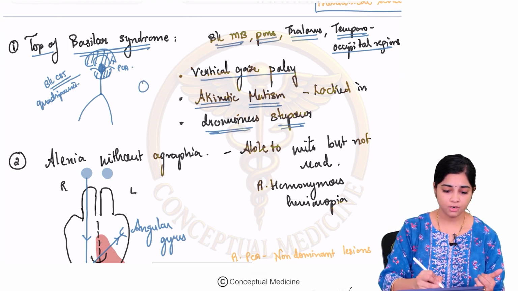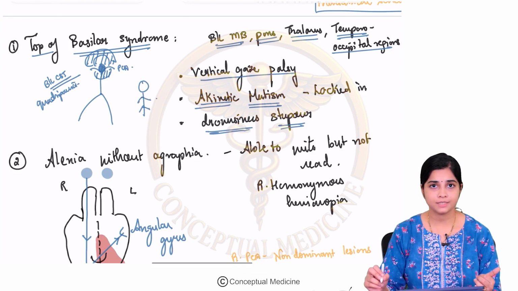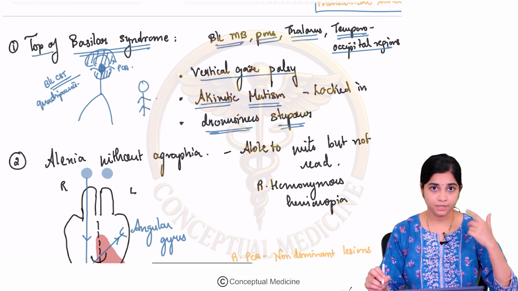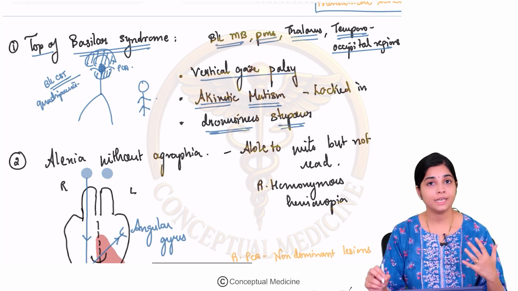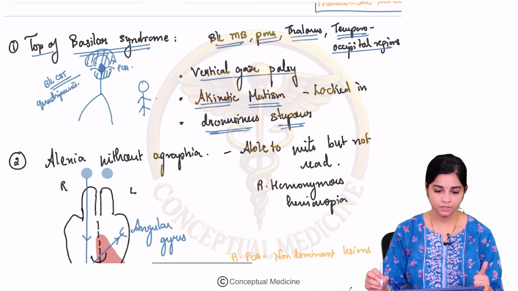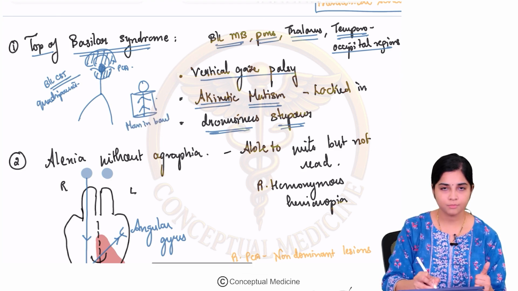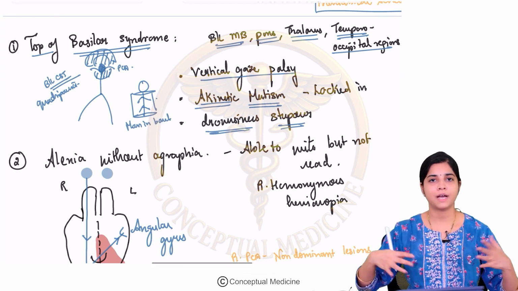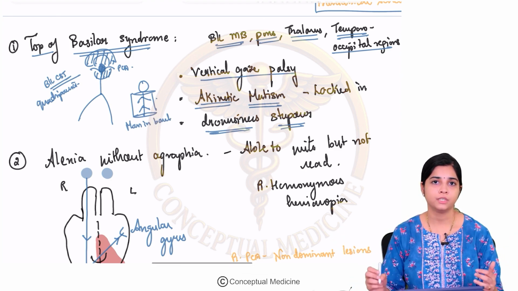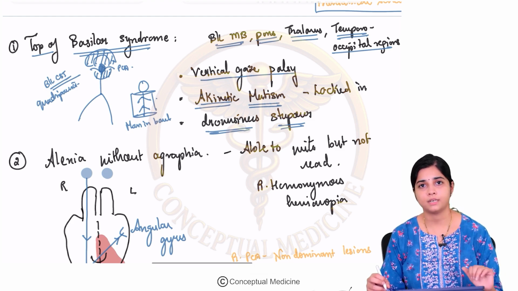So, quadriparesis, vertical gaze palsy and akinetic mutism are seen in your top of the basilar artery syndrome. This is also compared to what we call the man in a barrel. Why? Because it looks like the man is put into a barrel and is not at all able to move, because he cannot move his legs and arms. So this is your top of basilar artery syndrome.